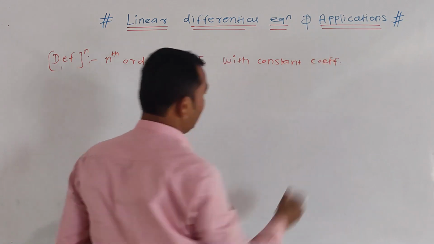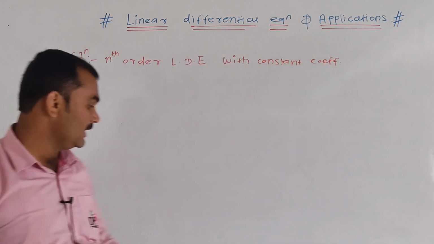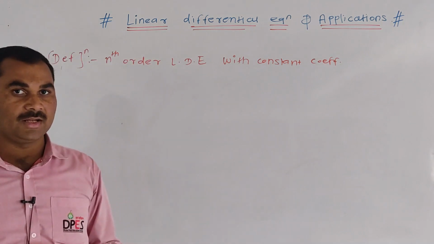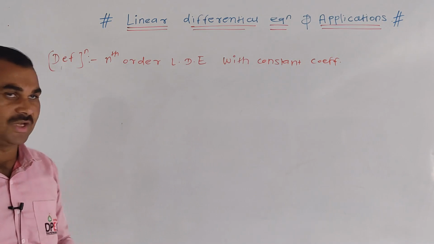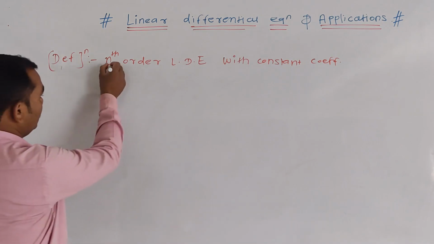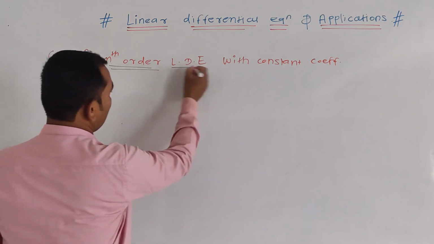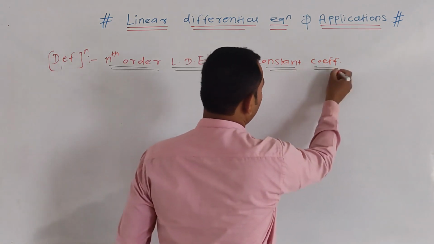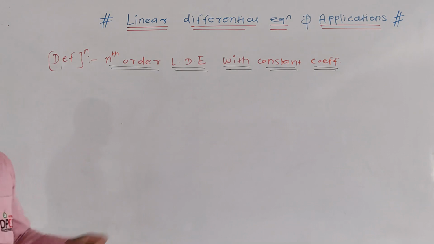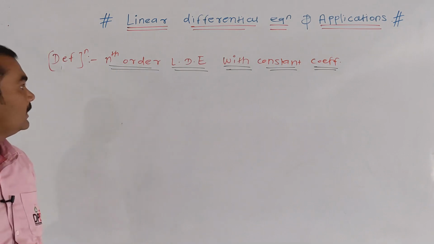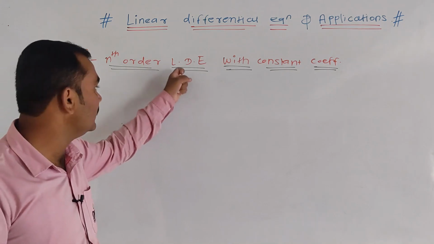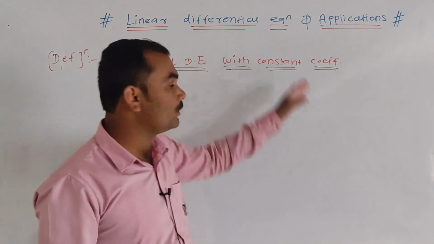Okay, this is your first point from your syllabus. So here look on the board: nth order, definitely order of an equation is n. Also the given equation is linear, we know that very well. Linear what is it? With constant coefficients.